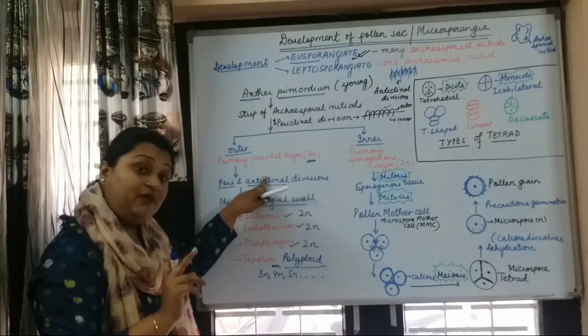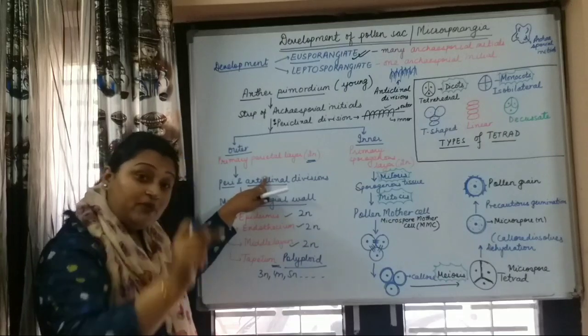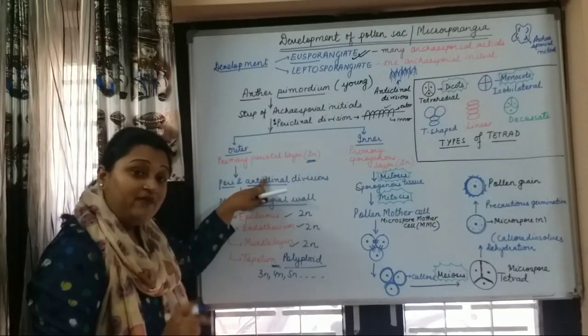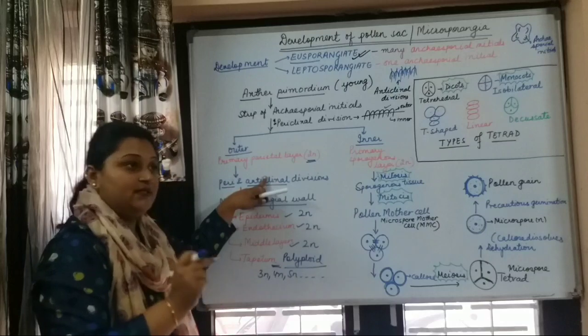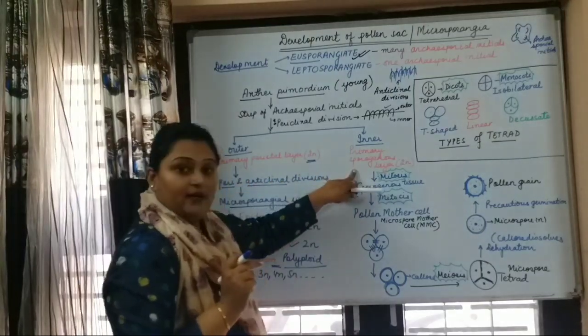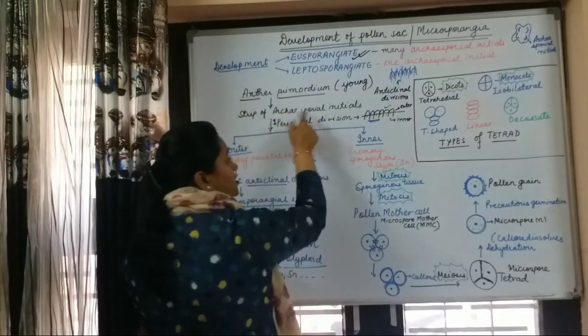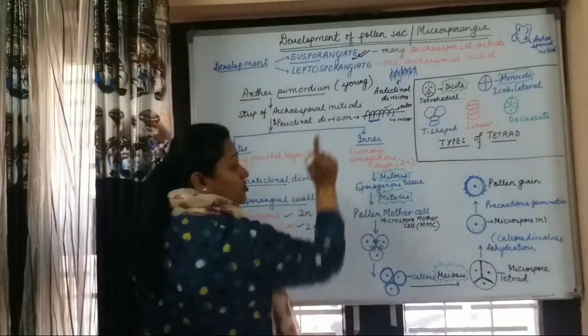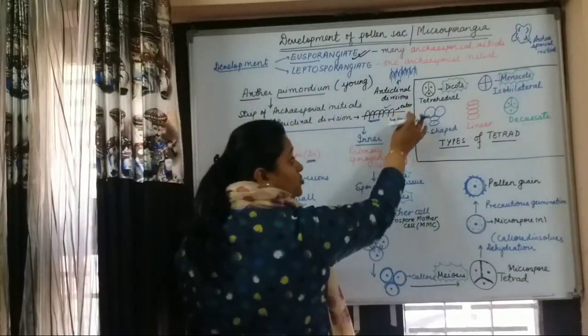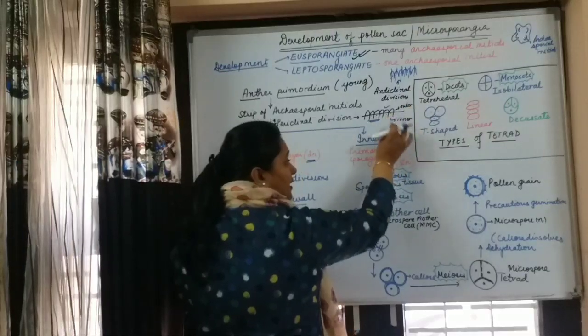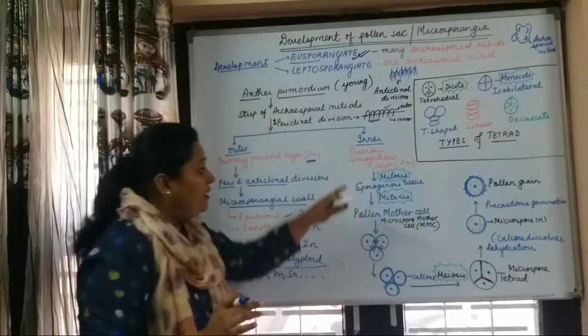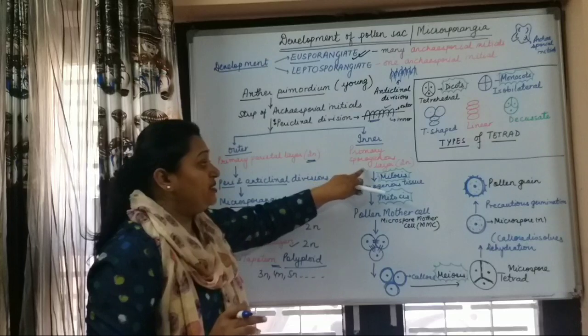Parietal itself means the word has been derived from the periphery, that means the outer side. Now the inner layer, that means again from the archisporial initials when the periclinal divisions occurred, we got two layers, outer and inner. The inner one is called the primary sporogenous layer.